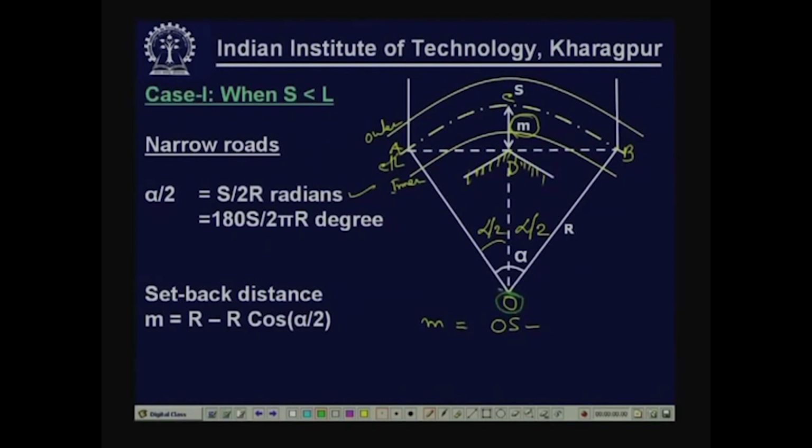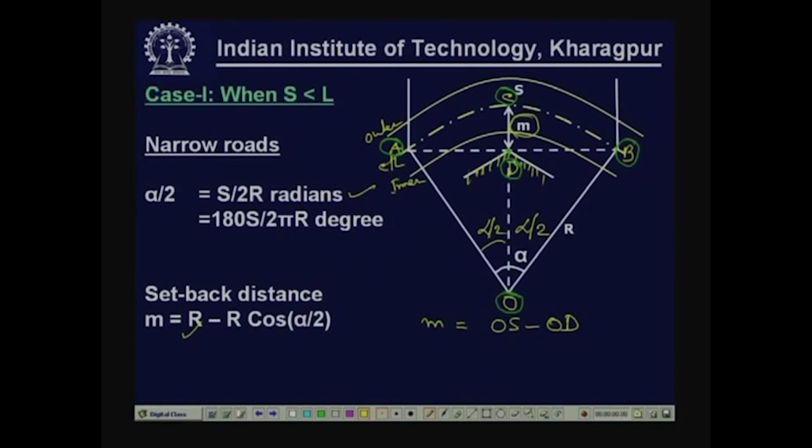So this is position O, this is position B, this is position A, this is position C, and this is position D. The sight distance or setback distance m is OC minus OD. Now, what is OC? OC is nothing but the radius, because OA equals OB equals OC, all equal to the radius. So that is R minus OD.